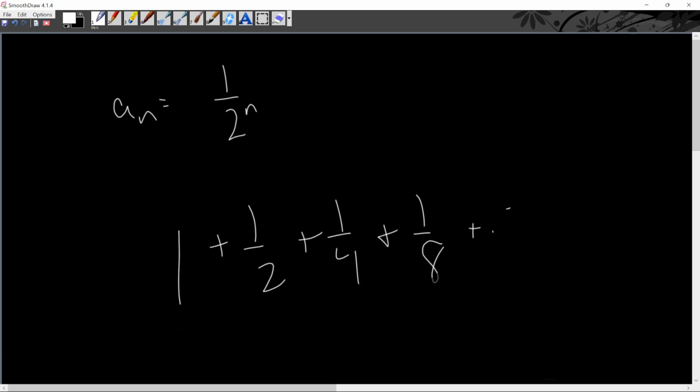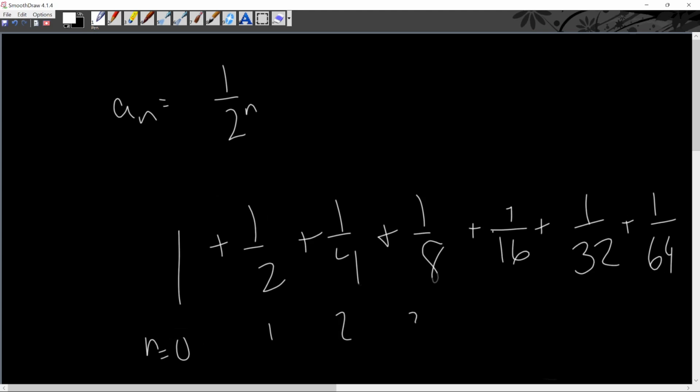As you can see, I'll go out just a little bit more: plus 1 over 16, plus 1 over 32, plus 1 over 64. Once you get to higher and higher values of n, right? If this is n equals 0, and 1, 2, 3, 4, 5, 6, as you get to higher and higher values of n, each term is getting significantly smaller, exponentially smaller.